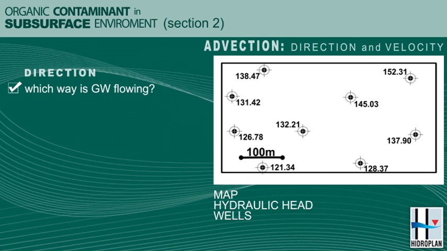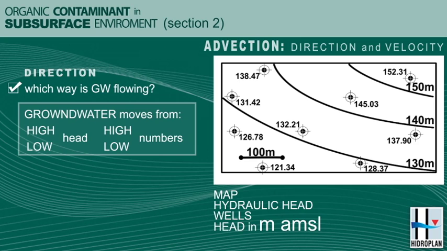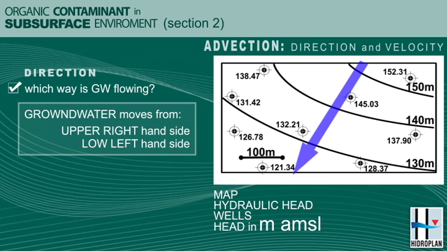Hydrogeologists can usually get a sense of that very quickly from a map like this, because groundwater moves from areas of high head to low head. Head is indicated on the map as meters above mean sea level, so groundwater is flowing from areas of high numbers to low numbers. So, having a look at that map, I think you would decide that water is flowing from the upper right-hand side to the lower left-hand side.